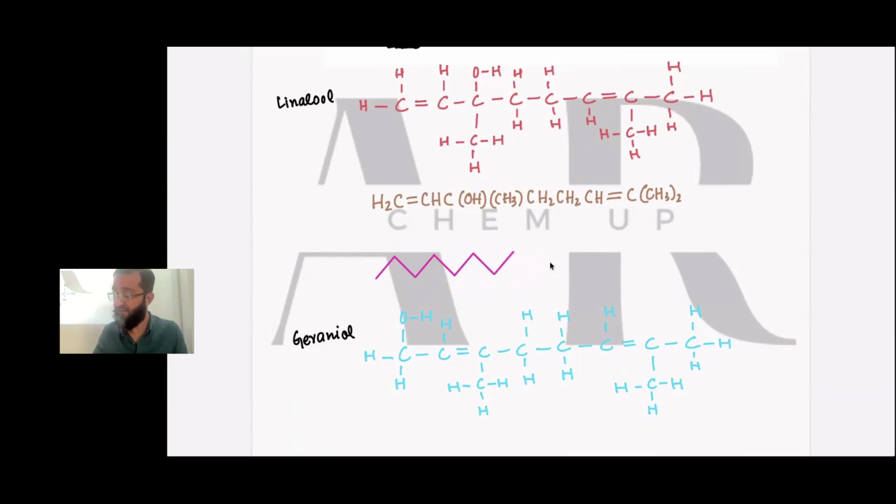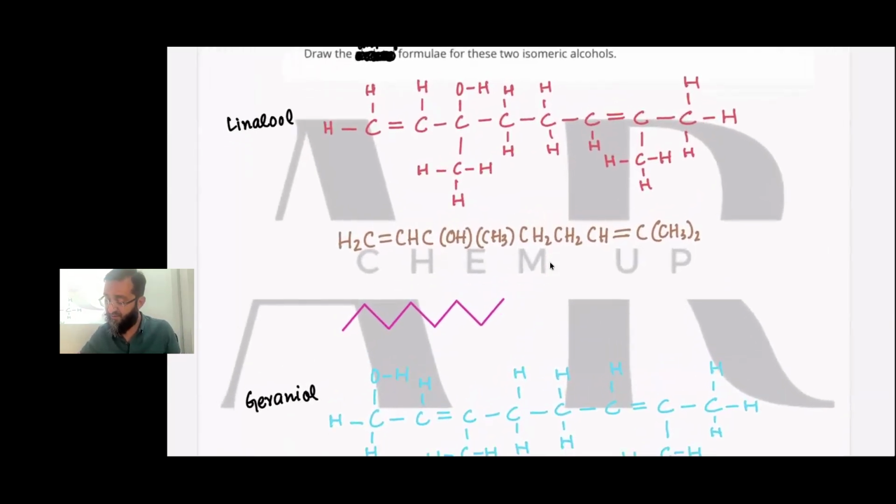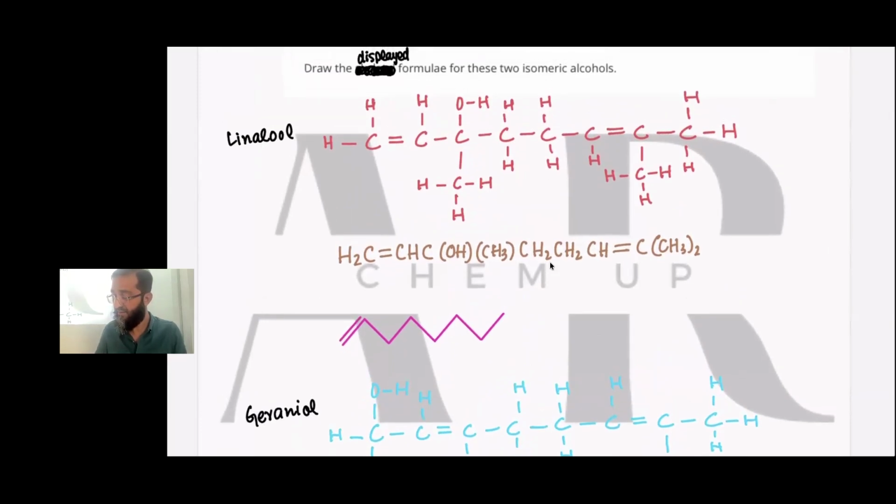Now if you see, the double bond is between the first and the second carbon. So I'll put the double bond here. Then the third carbon got CH3 and OH. Then the fourth carbon is CH2, fifth carbon is CH2.